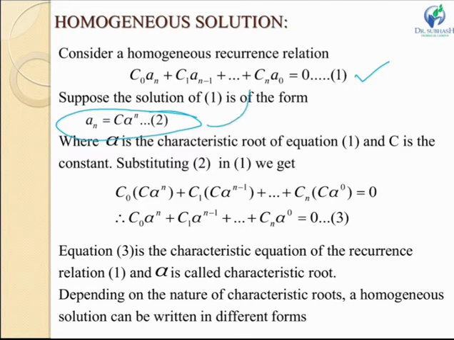If I substitute this in equation 1 and get equation 3, then this equation is called the characteristic equation, where alpha is the characteristic root. There are different natures of the roots, like distinct and real, equal, and complex. So based on this we will find the different solutions of the homogeneous equation.